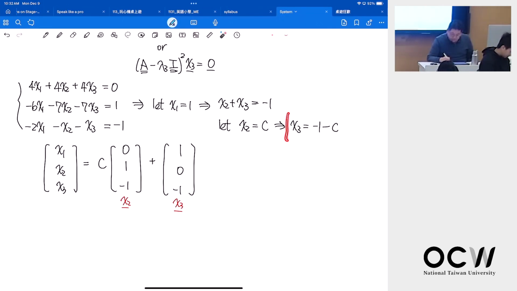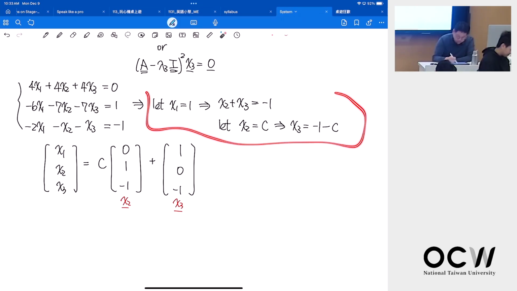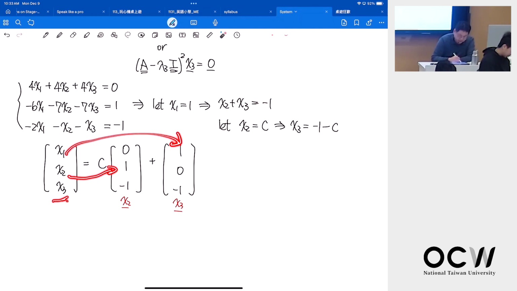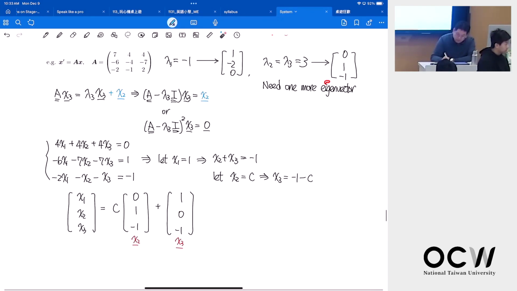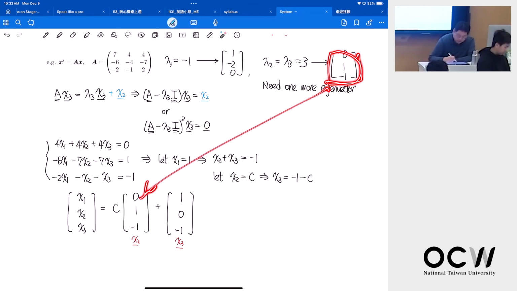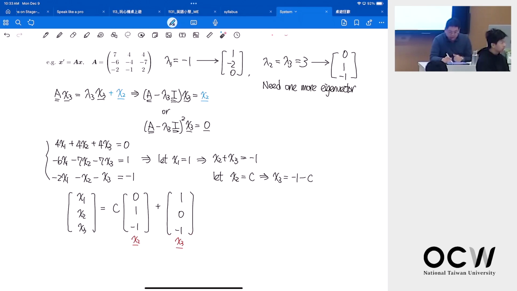Overall, x1 is 1, x2 is c, and x3 is minus 1 minus c. Okay, and then we know that we found this eigenvector here. So this is your extended eigenvector, or this one more eigenvector.